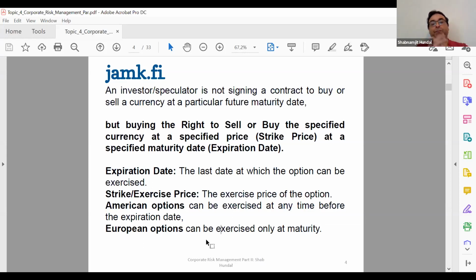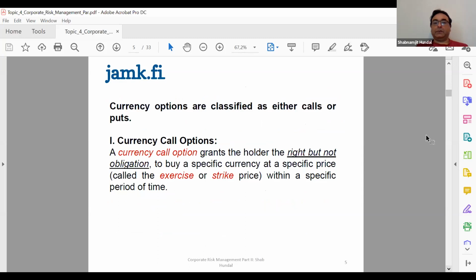So by nature, an option has a mixture of forward and future elements, but American options are more like futures, whereas European options are more like forwards. Okay, this is the background before I go into more details.